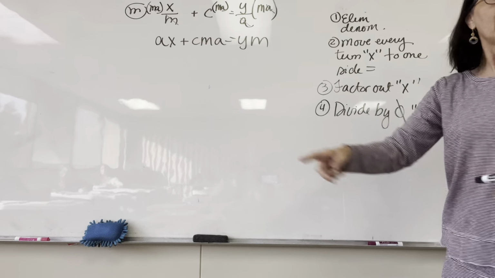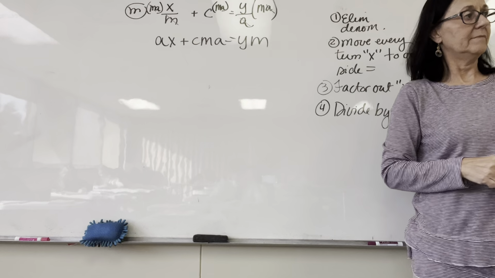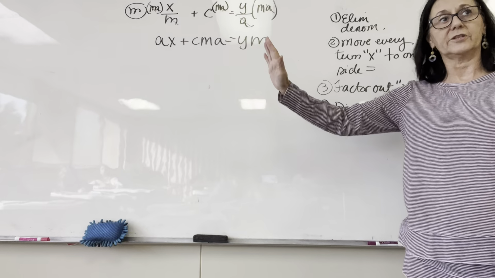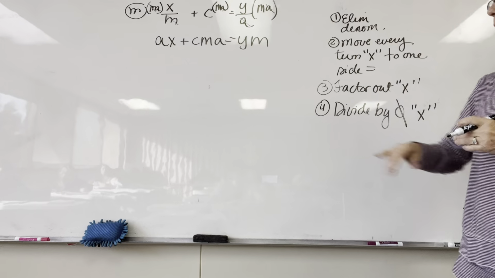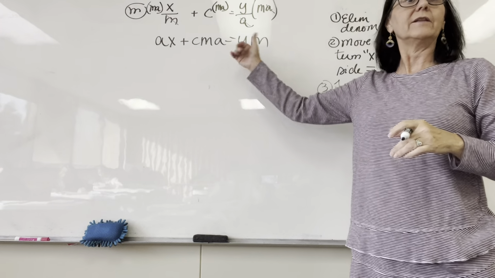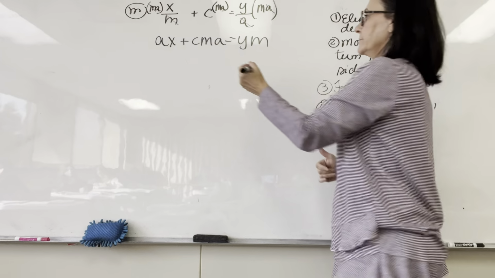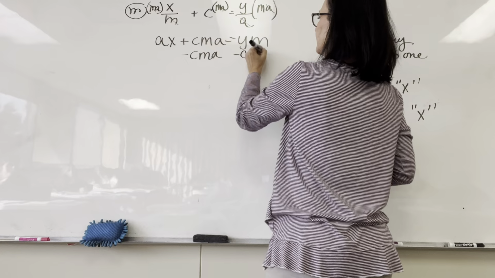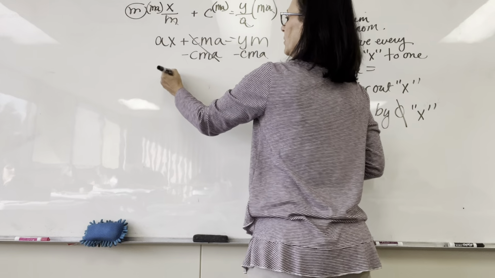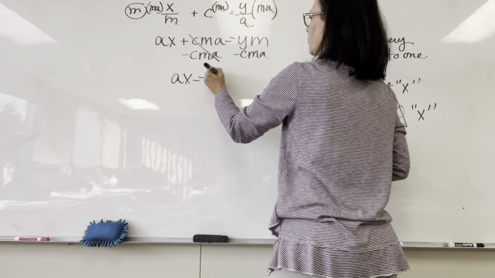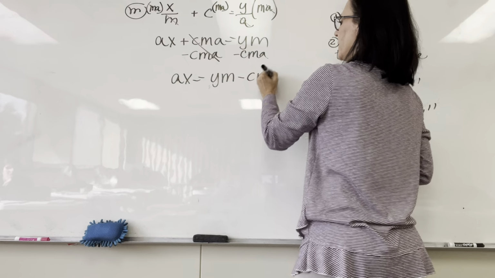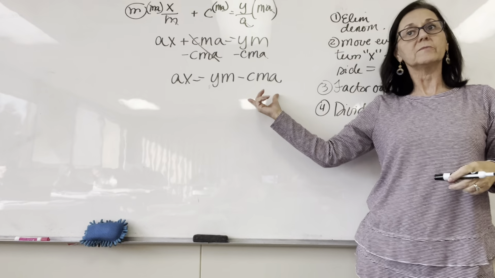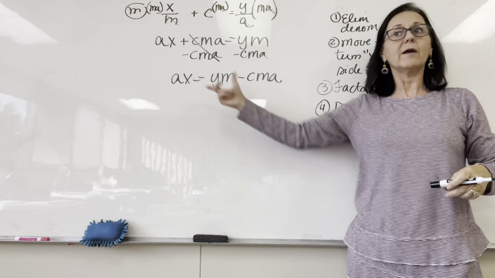I'm solving for m. I want every term with m on one side of the equal sign, everything else on the other side. So I'm going to move the cma to the right through subtraction. Subtract cma from both sides. We're left with ax equals ym minus cma. I don't care what side you move to.